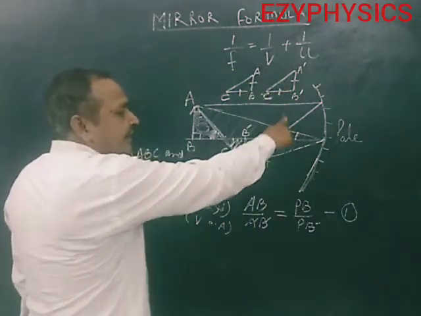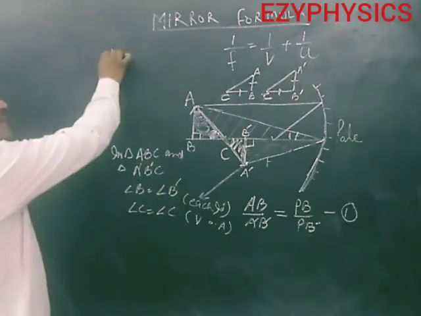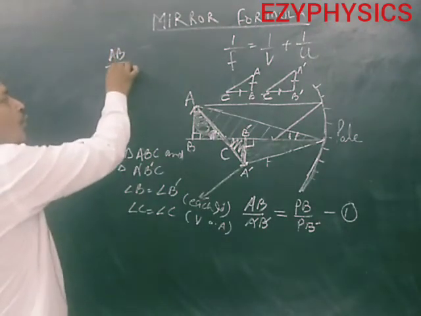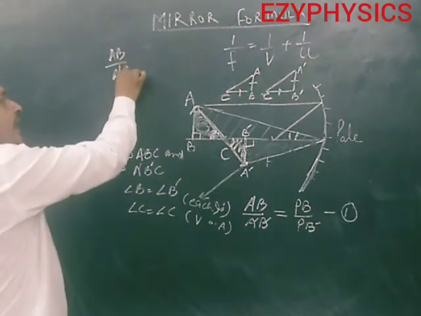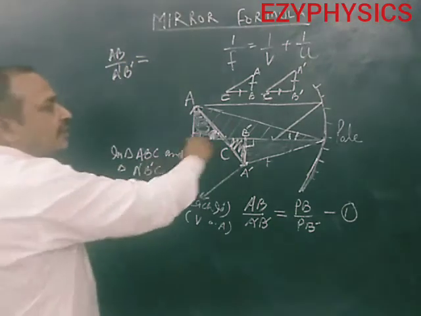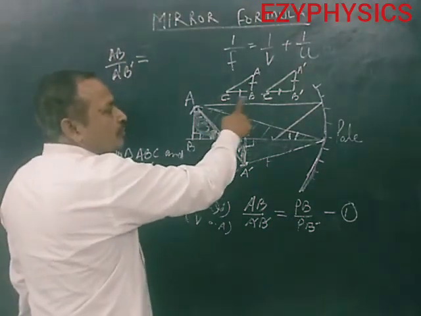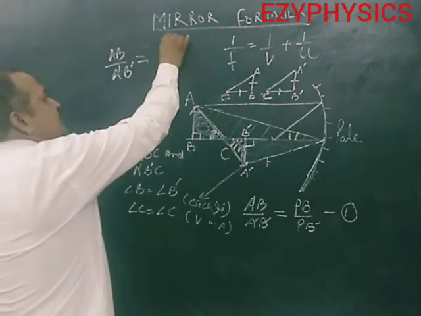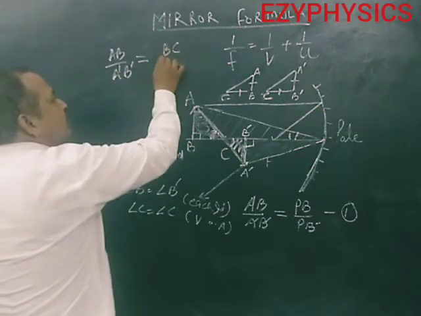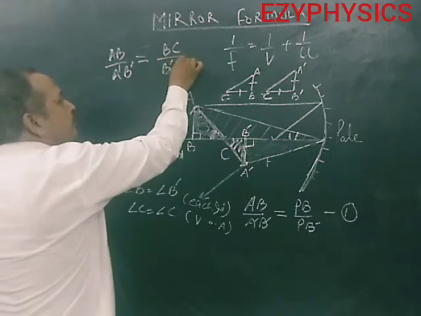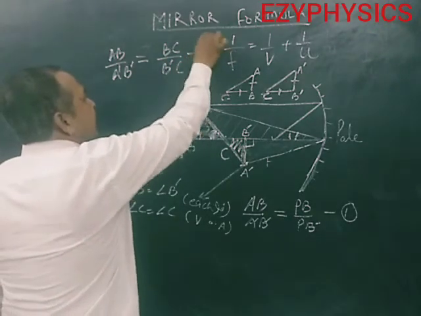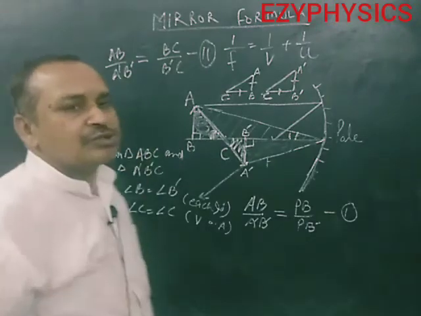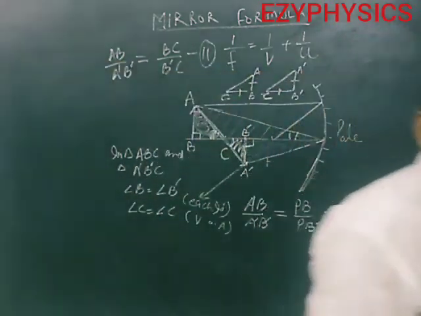AB over A'B' is equal to BC over B'C. Sorry, BC over B'C, and this becomes my equation number 2.